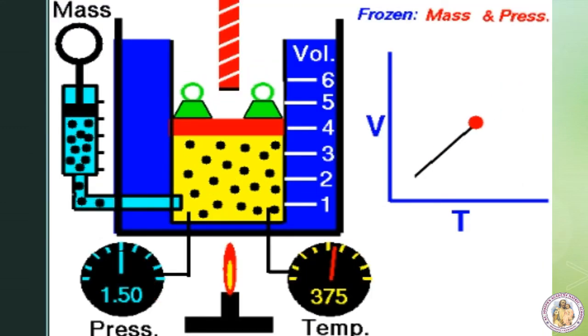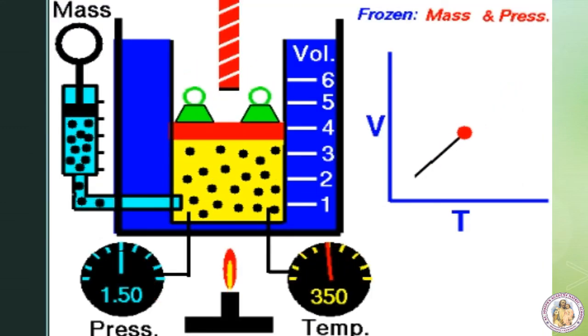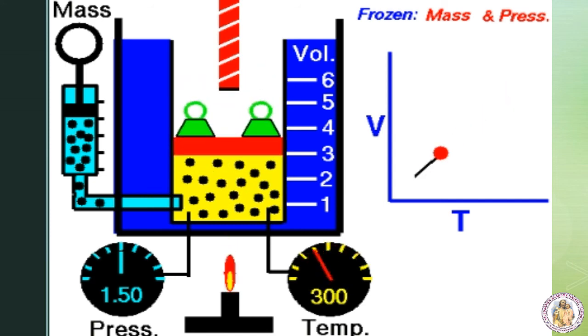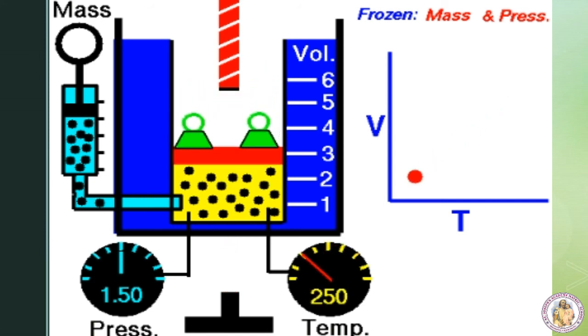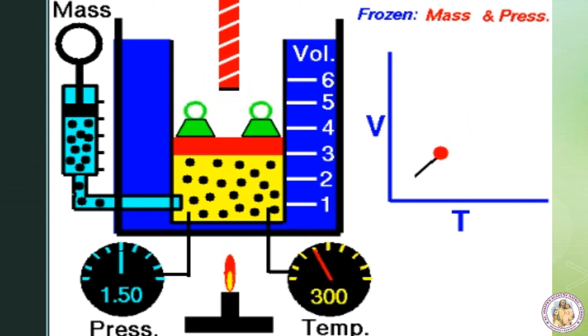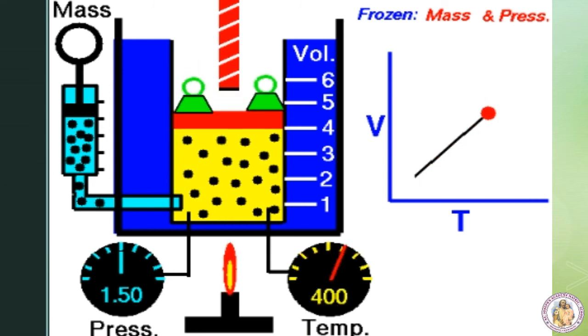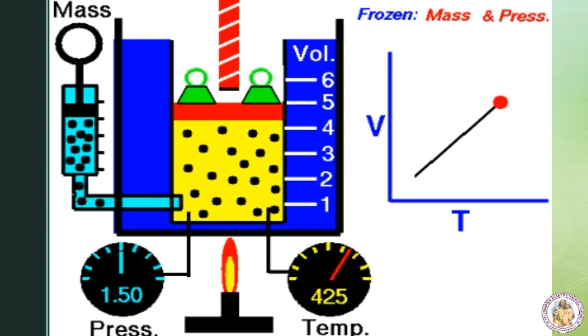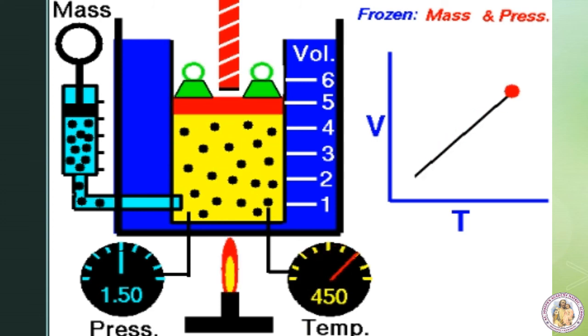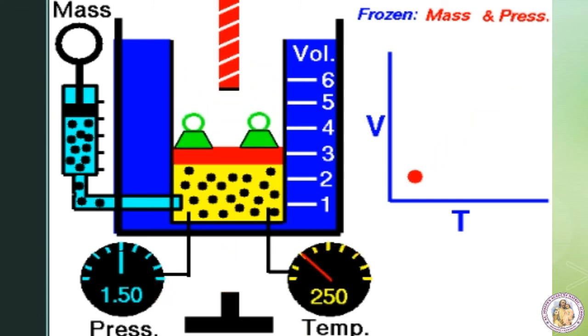When the pressure of the gas is kept constant, here what is the pressure? 1.50, that is the pressure. There is no change in that, so it is constant, but the temperature is changing, decreasing and increasing from 250 to 450. When the temperature decreases, the volume of gas also decreases.